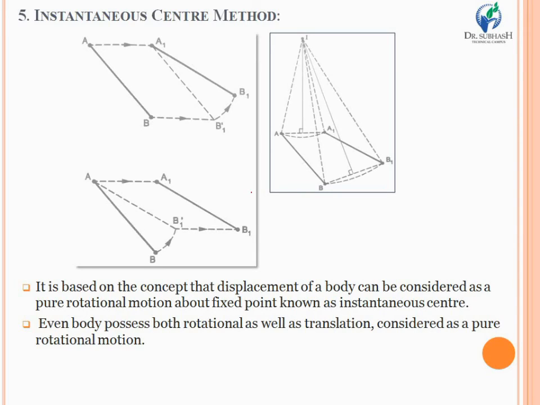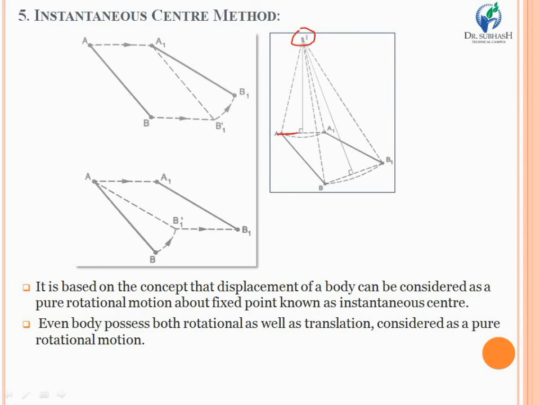Still, the motion of a rigid link can be considered as a pure rotation at a particular instant about its center of rotation, and it will be treated as the instantaneous center method. Now this center of rotation, or instantaneous center, lies on the perpendiculars to the chords AA1 and BB1.